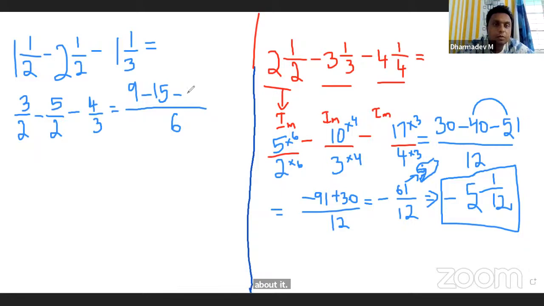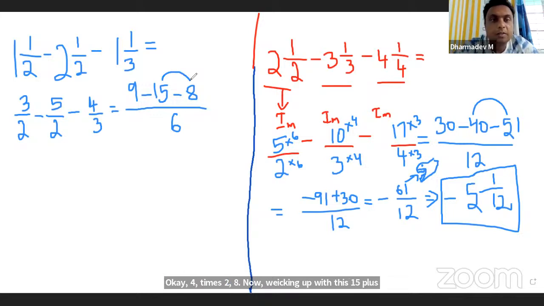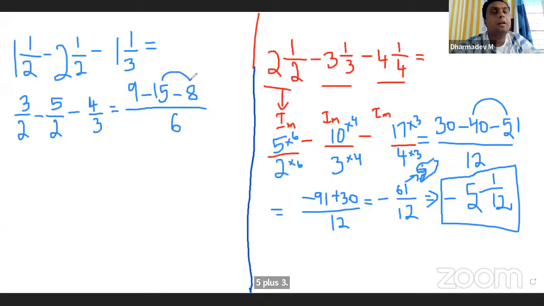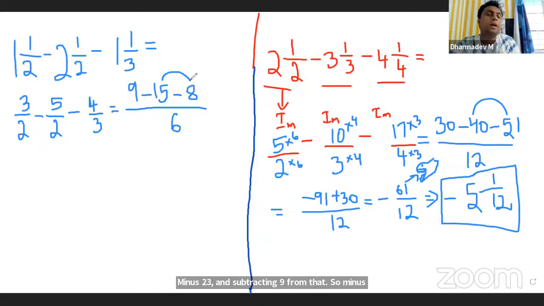Okay, 4 times 2, 8. Now, picking up with this, 15 plus 5 plus 3 is 23, and subtracting 9 from that. So minus 23 minus 3 is 20, minus 20 plus 6. So that is minus 14. So negative 14 divided by 6.